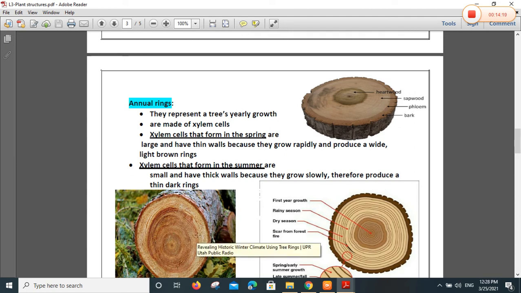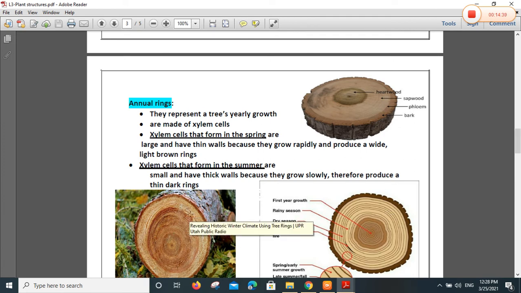Xylem cells that form in the spring are large and have thin walls. Look at the thin walls like this. Why are xylem cells that form in spring large and thin?